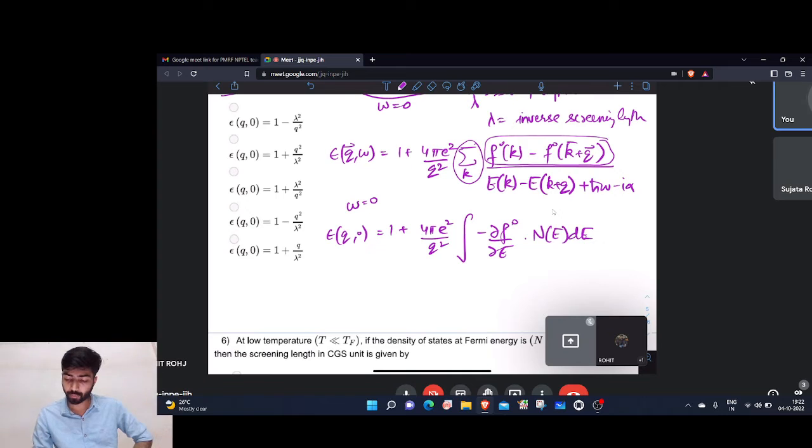So the summation in k has been transformed to an integration in E.